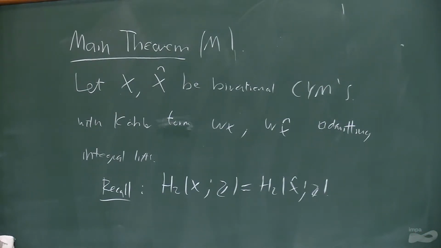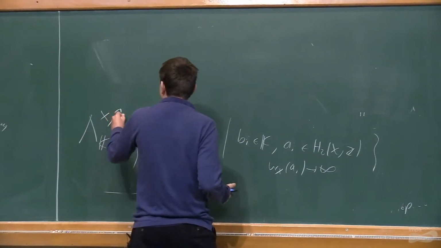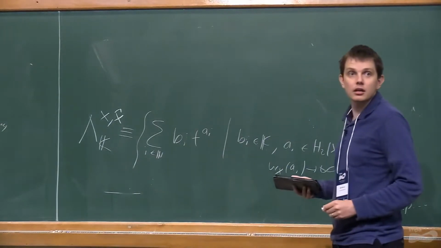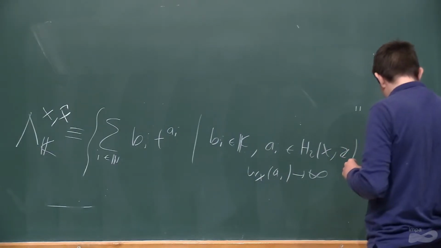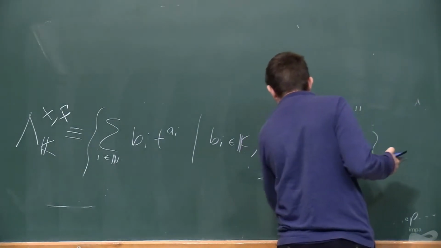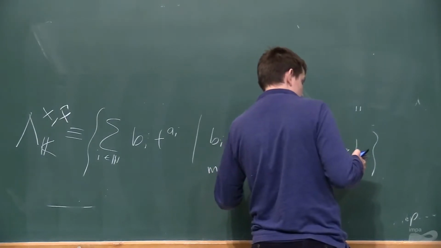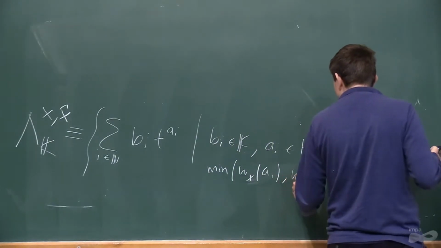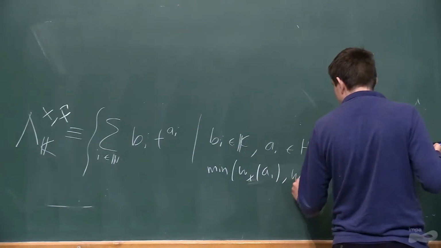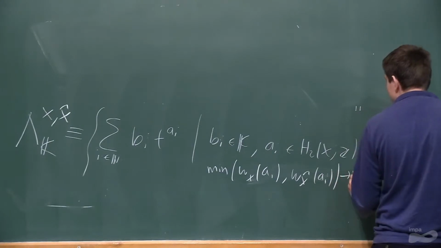I'm going to call it lambda X hat K. It's going to be like this, but I remove this condition and I require that the minimum of omega X of AI and omega X hat of AI goes to infinity.